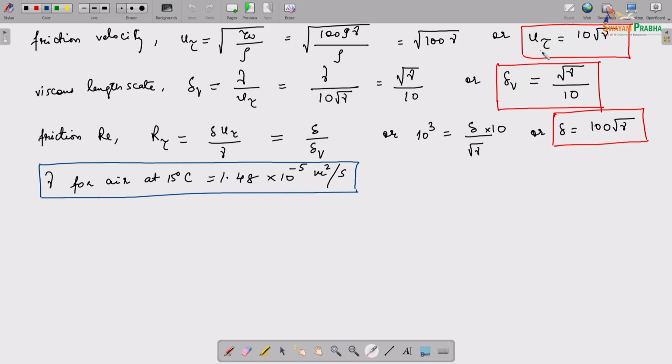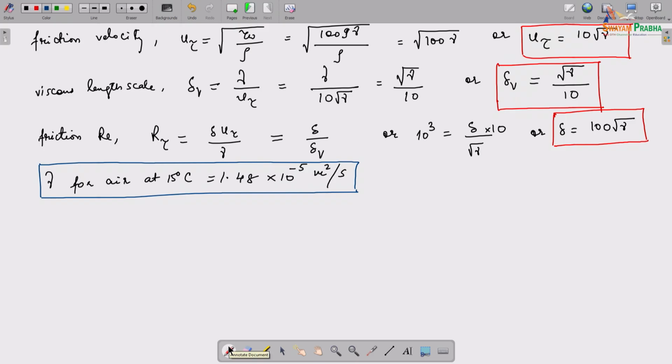And so we got the corresponding velocity, the length scale, and this is of course the height of the boundary layer, the thickness of the boundary layer, and this is the viscous length scale that we are talking about here, okay? And then of course you have the friction Re and stuff.